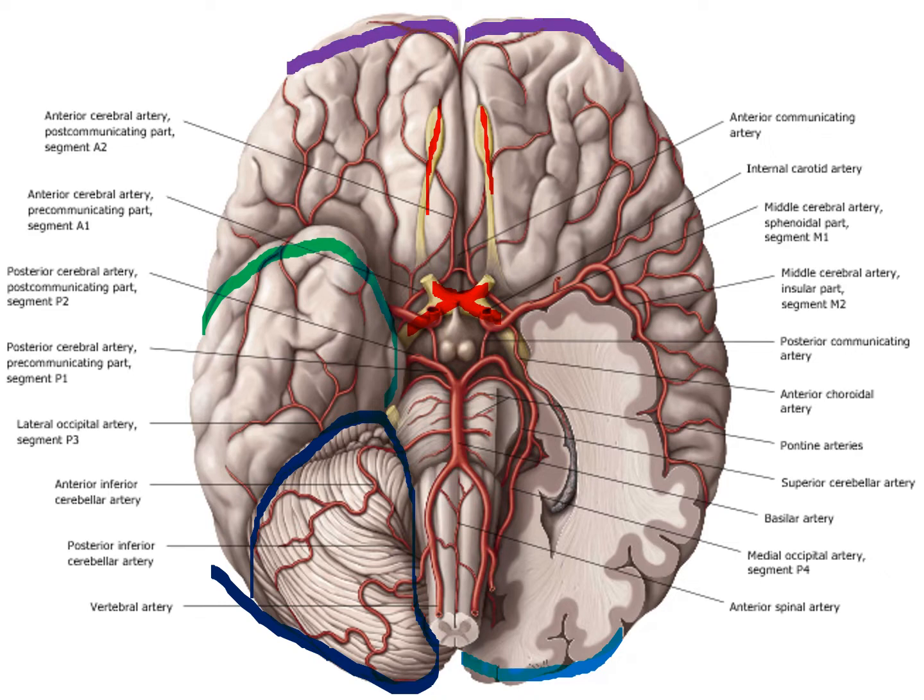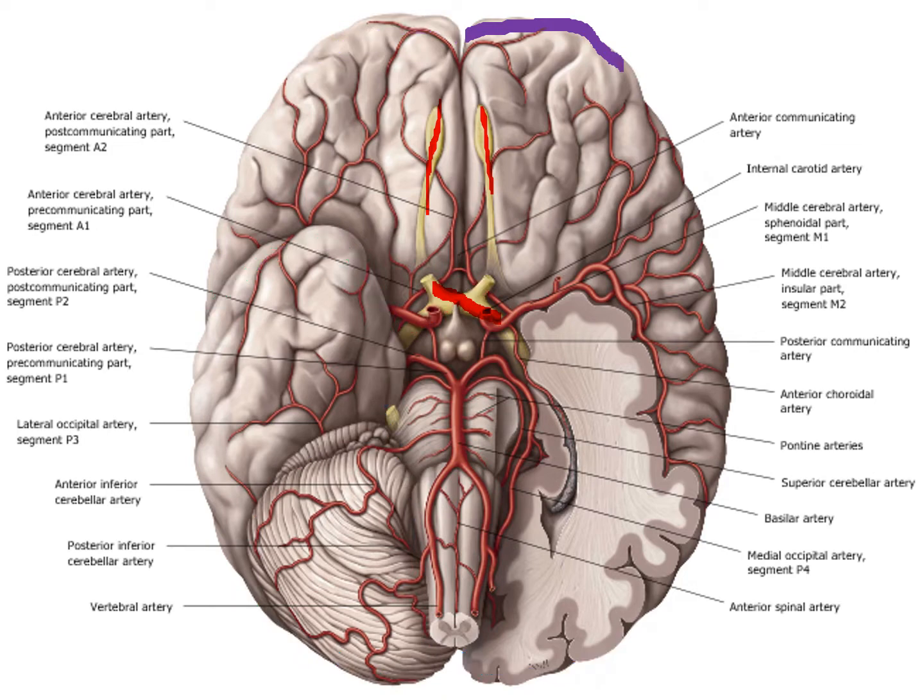So now that we're kind of oriented on where we are, let's go to the vertebral. I'm going to erase these so it's not so extra busy. All right, let's go up vertebral here on both sides.